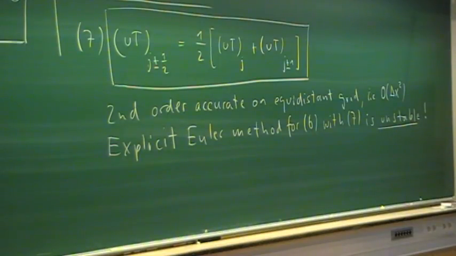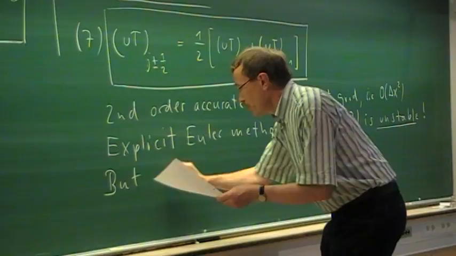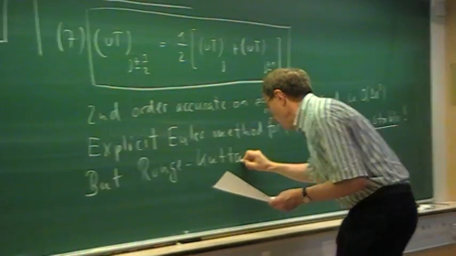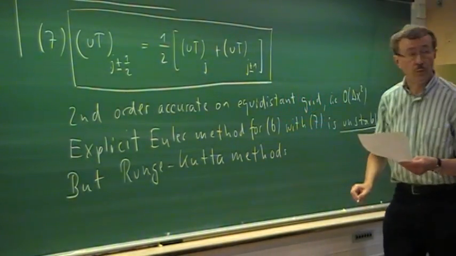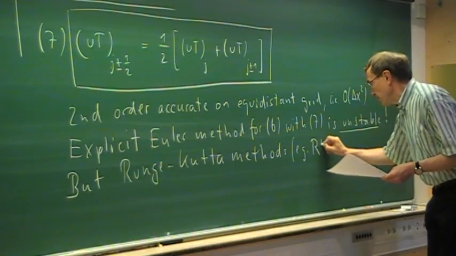But we can show that it is unstable by the von Neumann stability analysis. However, if we replace the explicit Euler method by a suitable Runge-Kutta method, then the method is stable. So that you can also remark. But Runge-Kutta methods, and the favorite is then the classical fourth order Runge-Kutta method that I call RK4.